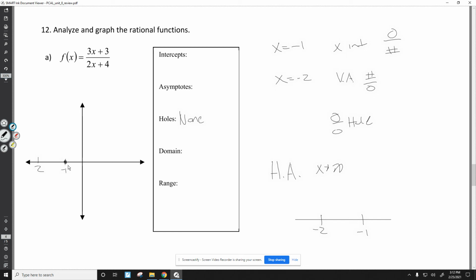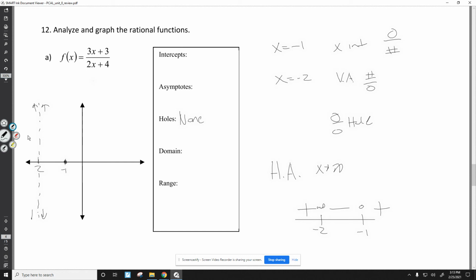I have a vertical asymptote at -2. Signs, if I plugged in something like 0, positive over positive, that's a positive. The multiplicities are 1. I know the signs are going to change. So I get something like that. -1 is a 0. -2 is undefined.